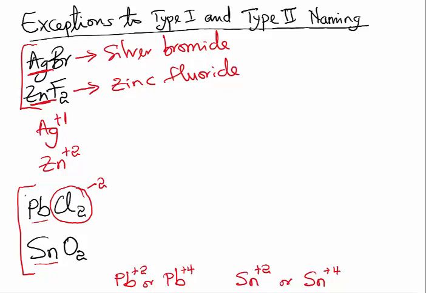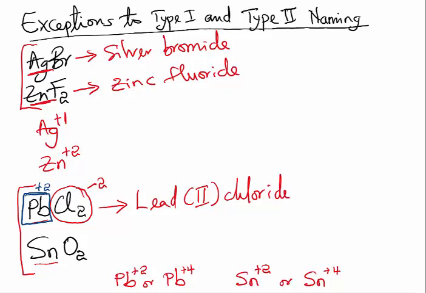Which means that to balance out the -2, the lead must have a charge of +2. And that means that the name of this compound is lead(II) chloride. Again, we will need to specify the charge because lead has multiple charges.